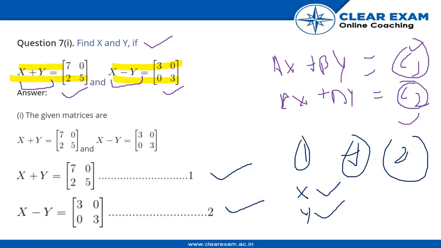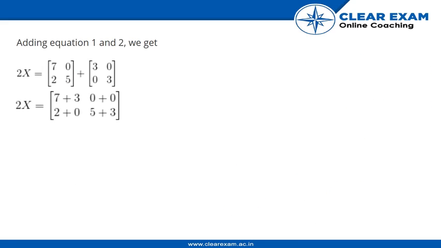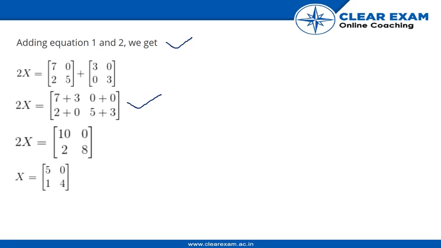So let us move to the next slide. Yes, they have added both the matrices, and finally they got 2x is equal to this matrix. Let's simplify the expressions on the LHS and RHS. Simplifying, we get our x as this matrix. Now, since we have got x, we can find y in two ways.